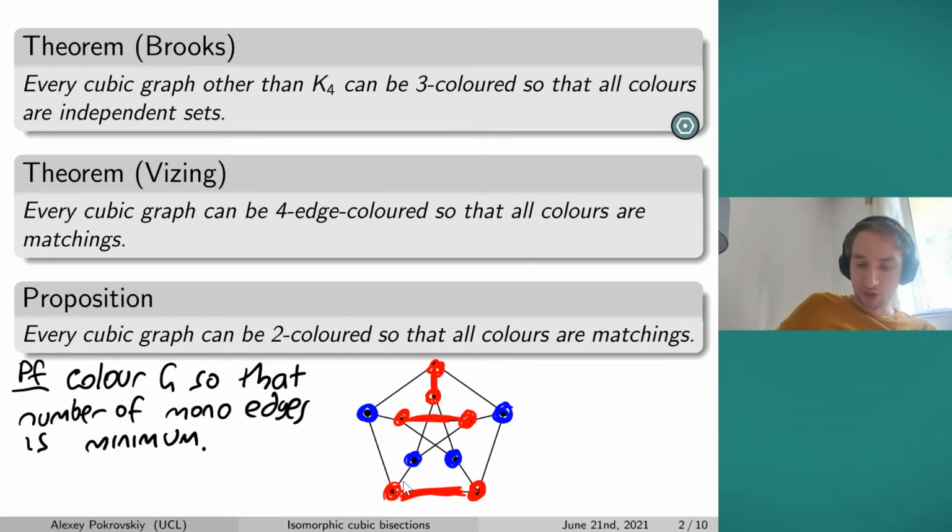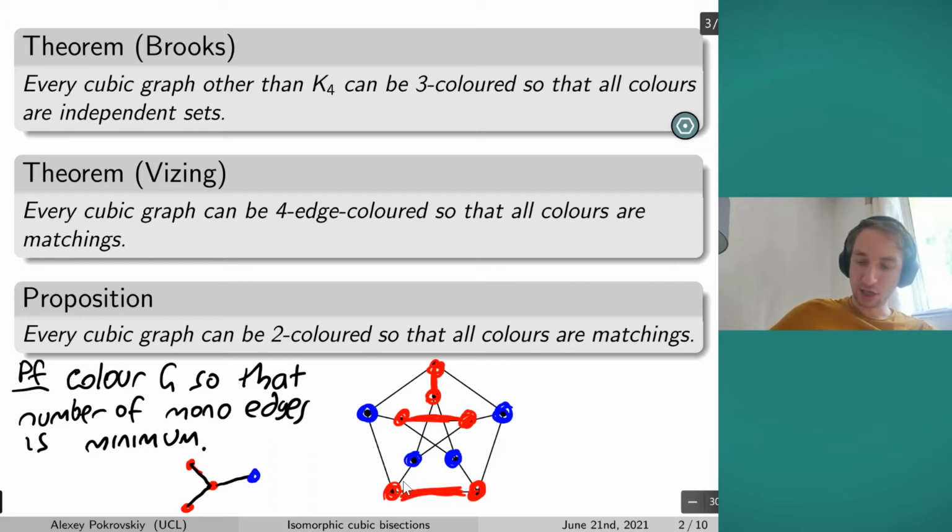The reason this happens is, say for contradiction that you had 3 vertices with 2 edges like this between them. So if you had something that wasn't a matching, it would have to have a degree 2 vertex. So think about the 3rd edge here.